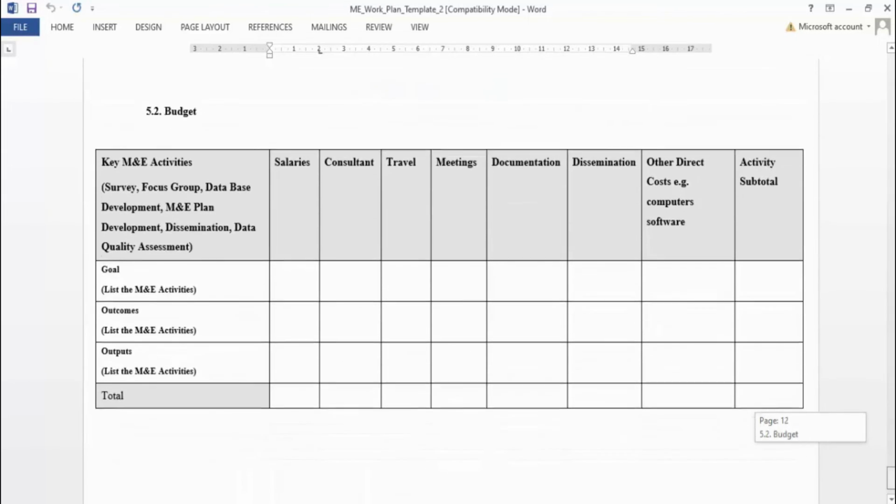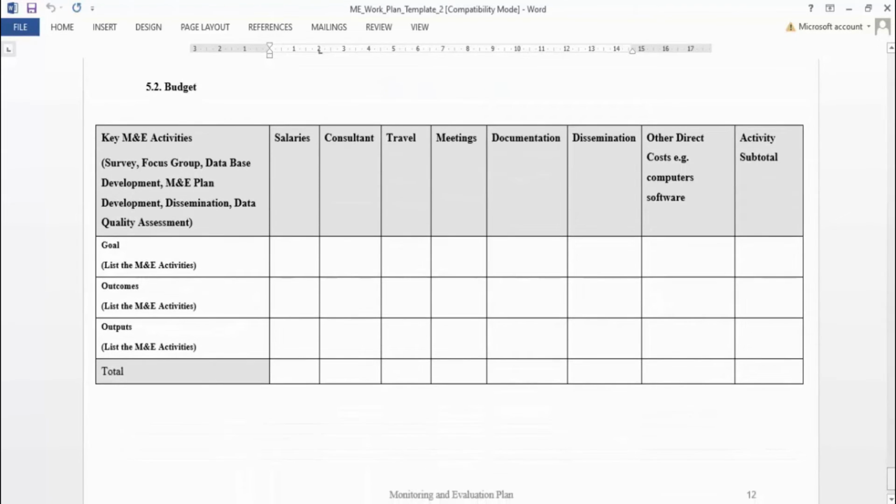Another thing, which I think is the core business of this plan, is to outline the resource requirement, okay? The budget, the money, the moolah, okay? Some people call it moolah, but I call it money, I call it cash. Different terms out there, but basically, you know what I'm talking about. What is it we need to fulfill our activities?